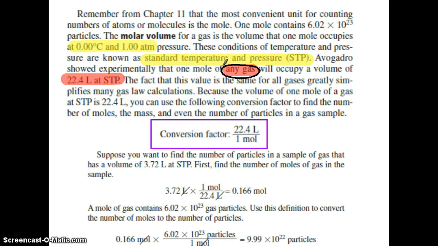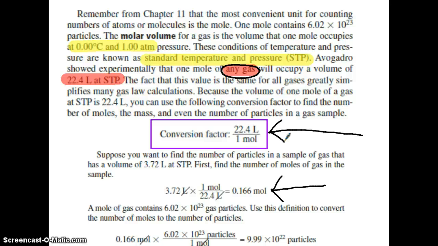And this gives you a chance to figure out, you can do some molar calculations. We're not really going to be doing a lot of these. It's just worth noting that 22.4 liters, which is a decent size, that's how much 1 mole of a gas is going to occupy no matter what the gas is, under ideal situations.